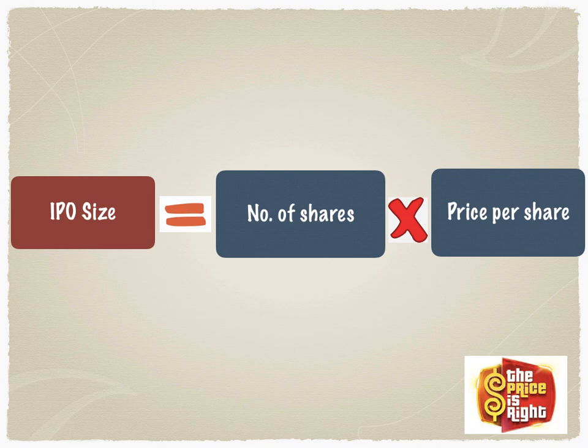So getting the price right is the most important aspect of determining the IPO price, because investors are also very cunning guys. They're neither bullish nor bearish at the time of an IPO. Why do I say that? Because they don't have a trading position yet. But if the price is right, the stock becomes attractive to them. If the price is not right, the IPO becomes unattractive to them.